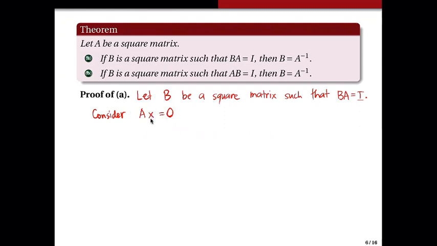The trivial solution is always a solution of a homogeneous system. The question is, are there other solutions? We will show that there's no other solution.